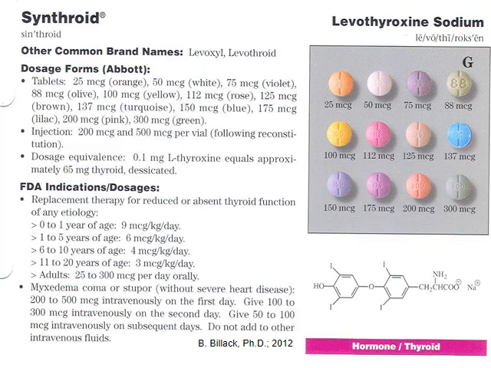This slide is just meant to show you the different types of tablet colors for levothyroxine and the different types of doses that are available, all the way from 25 micrograms up to 300 micrograms in a particular tablet. And so we have various colors, orange being the lowest, the 25 microgram. We have violet, which would be the 75 microgram.